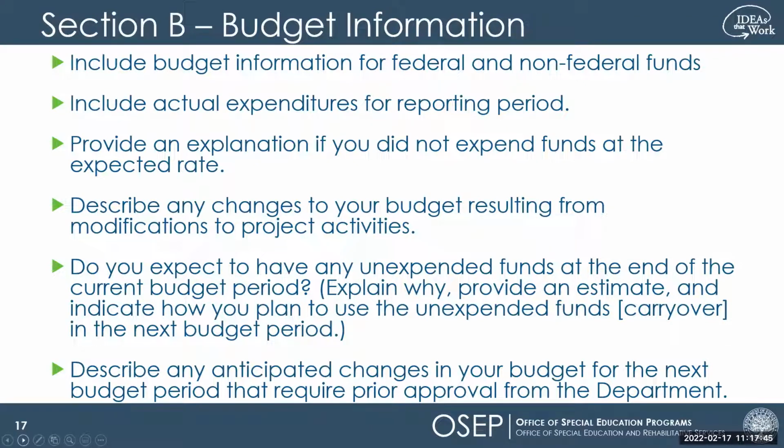Describe as well any anticipated changes in your budget for the next budget period that require prior approval from the department. You should always discuss any budget changes with your project officer. So you can contact your project officer directly about budget changes and can summarize any approved changes in this section.